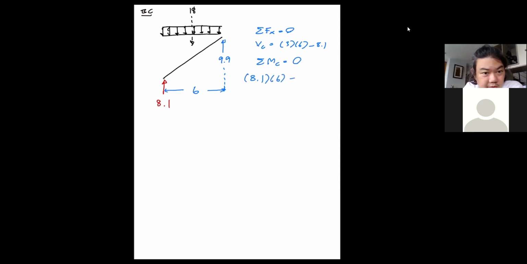Now remember, it's a uniform load throughout the span length. I can just easily write this as minus 3 multiplied by 6 squared over 2. That's wL squared over 2, folks. Okay? So that should turn out to be 5.4, right?